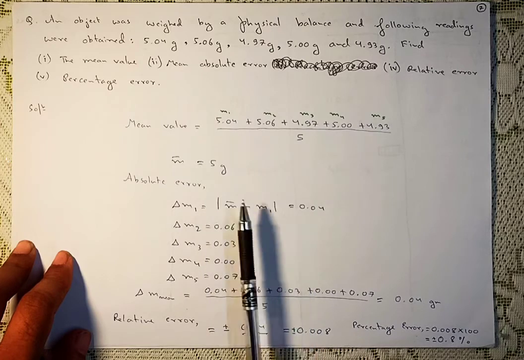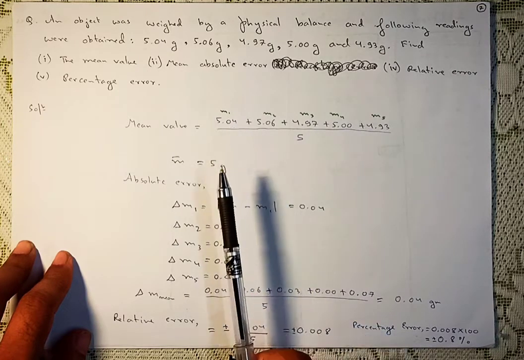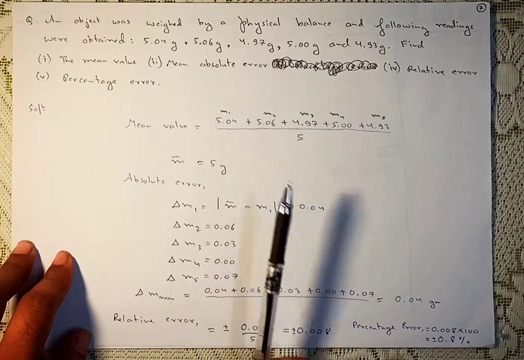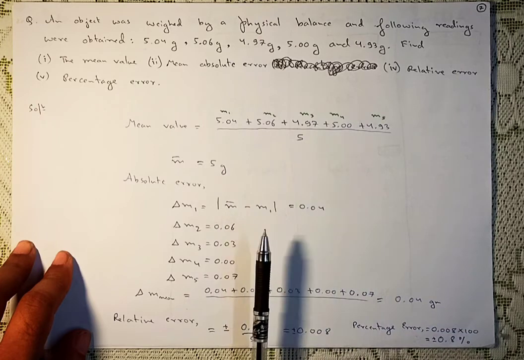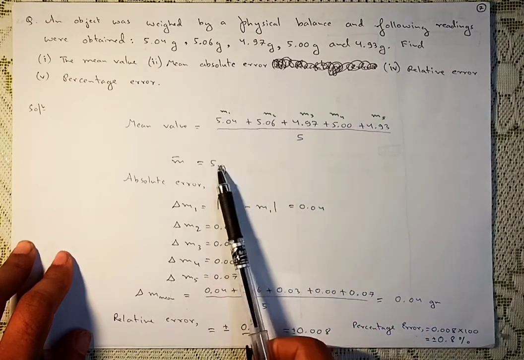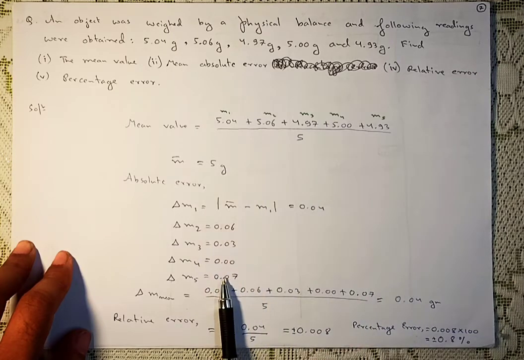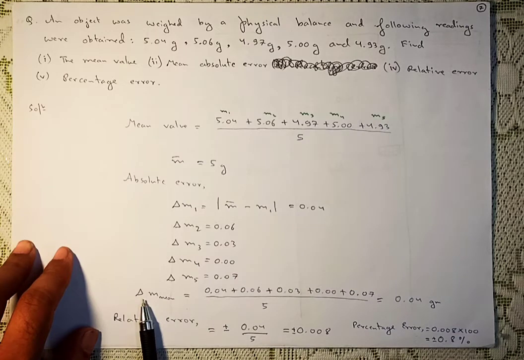Therefore, for the error in calculation, this minus this is this much, and likewise for each of the other readings.